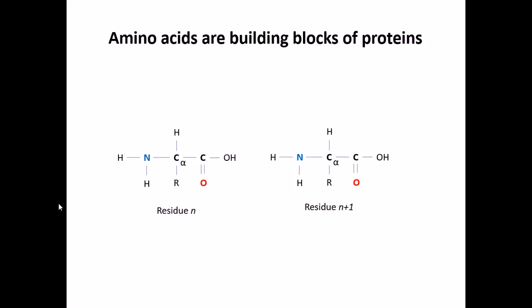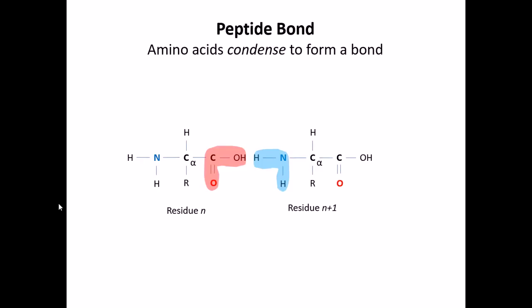The amino acids individually, as in this case residue N and N plus 1, that is the first amino acid and the second amino acid, have to interact with each other so as to form a sequence N followed by N plus 1.